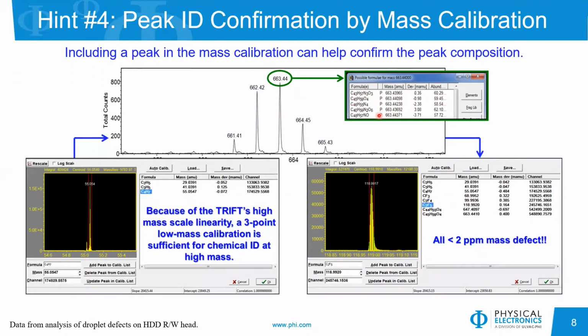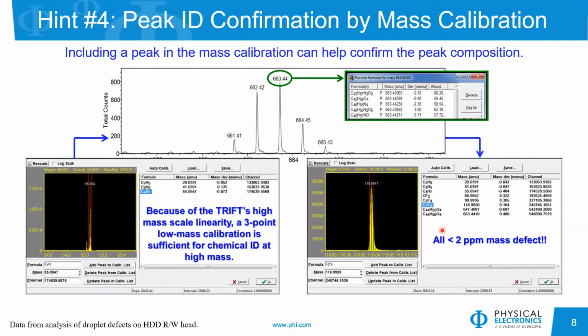Based on the compositions that I see in that peak ID tool, I suspect what the composition might be. And if it is that composition, then I should be able to include that peak in my calibration, and the calibration will still stay quite good. If it is an incorrect peak assignment, it will cause your mass scale calibration to get worse.